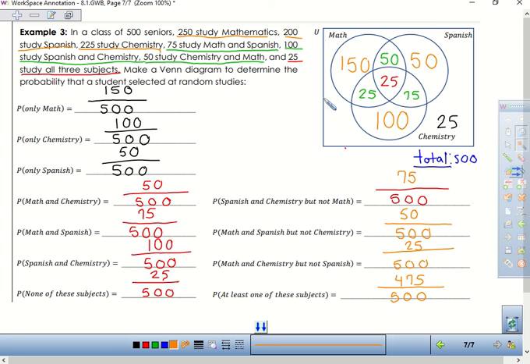We're just going to do a few conversions to remind you. They could give these answers as percents in a multiple choice problem, so you have to be able to convert them. 150 divided by 500 times 100 is 30%. So make sure you know how to convert these to percentages just in case you need to.